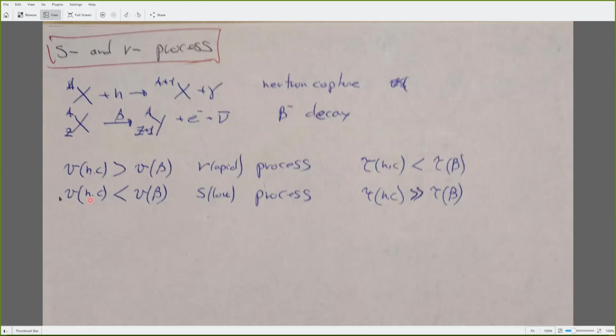Or if the rate of neutron capture is lower than the rate of the decay, we have an S process, a slow process, because the neutron capture happens over a really longer time, so you have time for the beta decay. This will cause the production of all the other material.